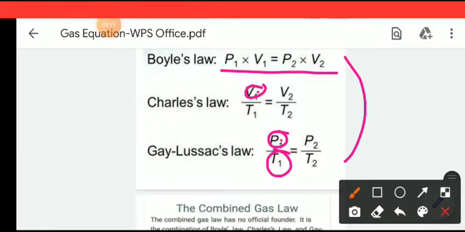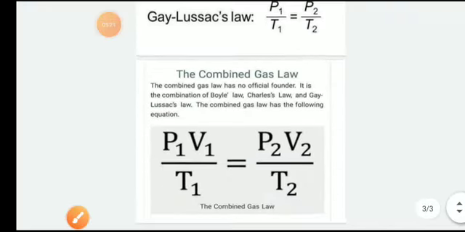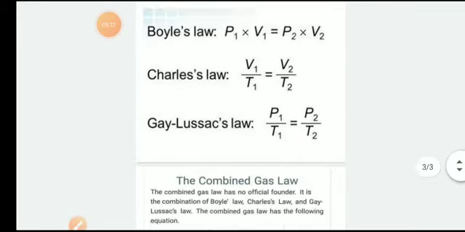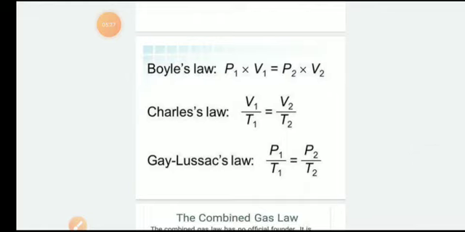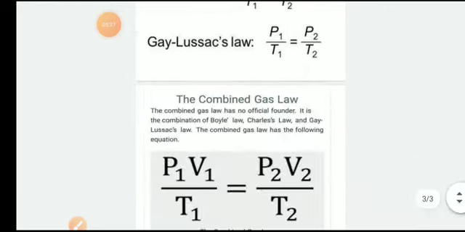So P1 V1 by T1 is equal to P2 V2 by T2. This combined gas law equation is derived from Boyle's law, Charles' law, and Gay-Lussac's law. You will understand Gay-Lussac's law in the next class as well.